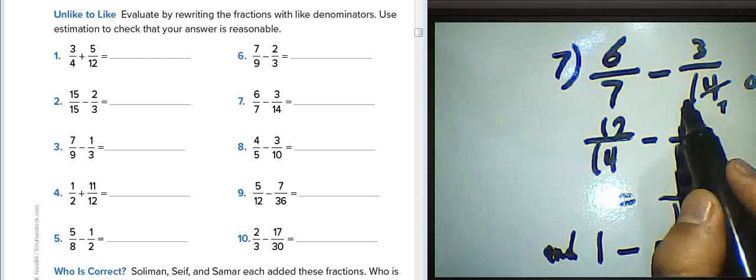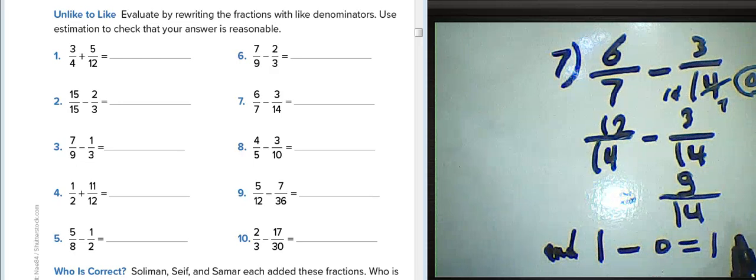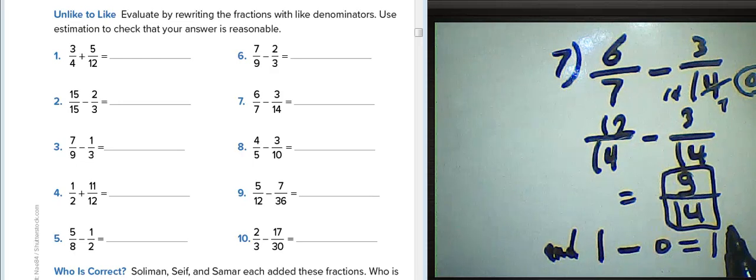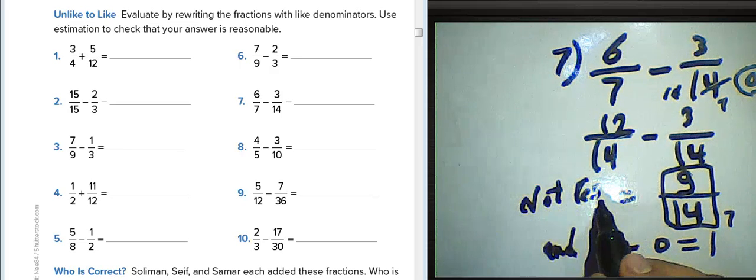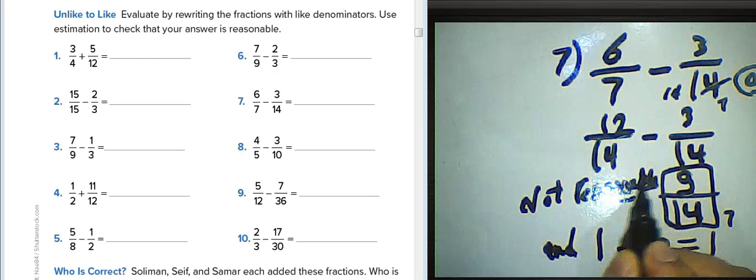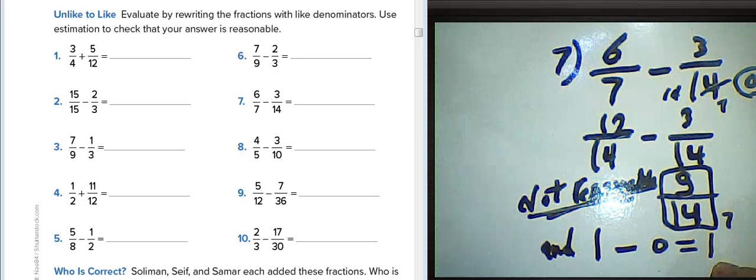The result will be 1. And the actual number is 9 over 14, which is nearest to half of 14, so it is not reasonable, because the estimation is greater than this number.